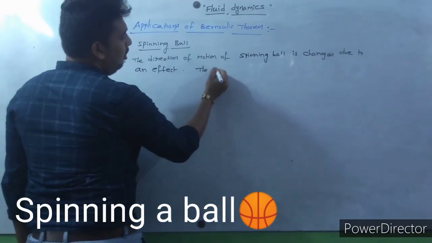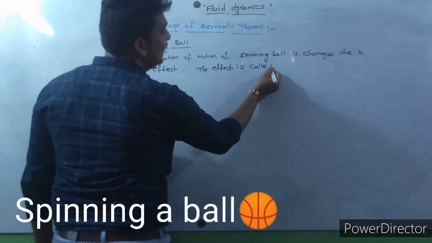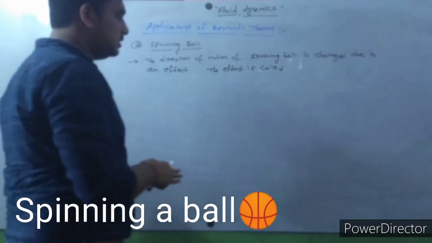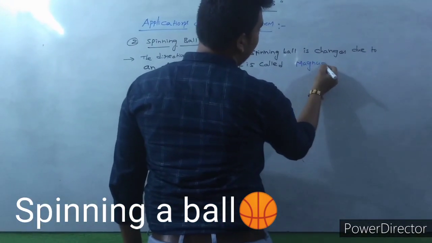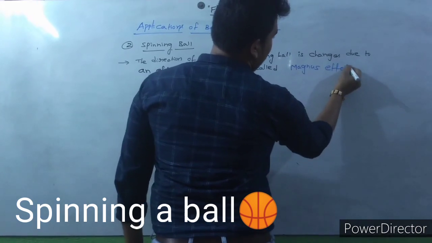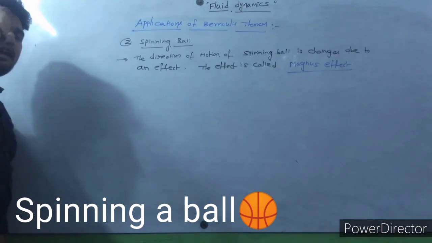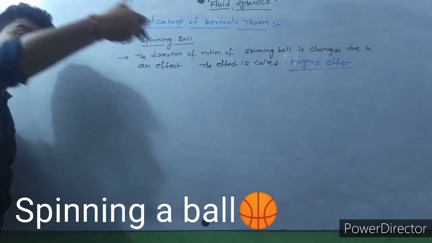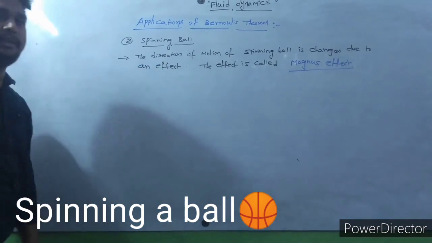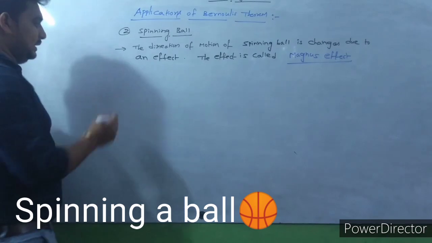That effect is called the Magnus effect. So while we are spinning a ball, the direction of the spinning ball changes due to some effect. That effect is called the Magnus effect.